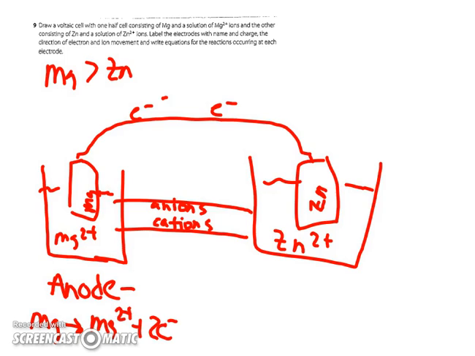That also means I can go ahead and draw my arrow this way. That means as magnesium loses electrons, the ions flow away from the magnesium metal. Magnesium ions are being released into the solution. Over here then, zinc ions are being attracted to the cathode.